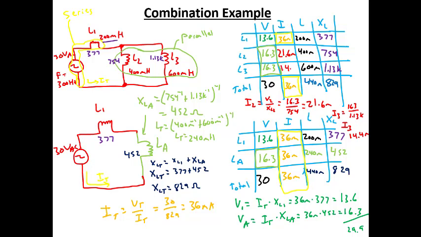So I get 14.4 milli here. And then if I add these two together, do I get 36? And it looks like I do. So I think that these are correct. Apologize for the messiness. All right. So that is the last problem out of the homework examples for inductors. Thank you.